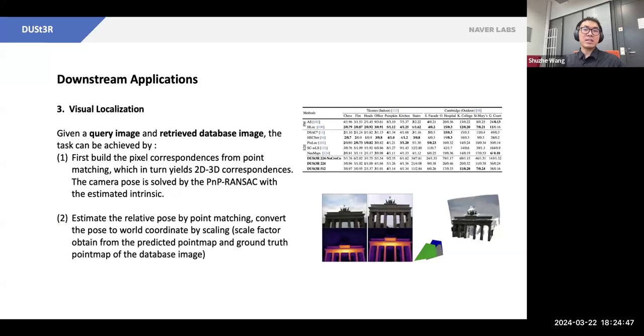And also we have downstream applications in visual localization. The task is, given a query image, we first retrieve the database image.